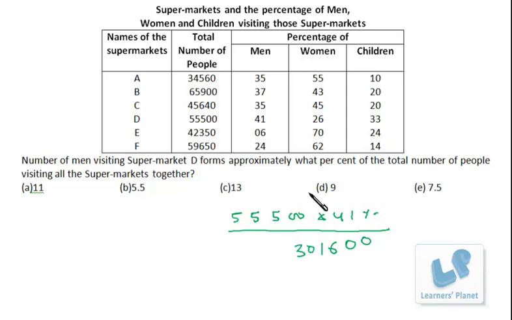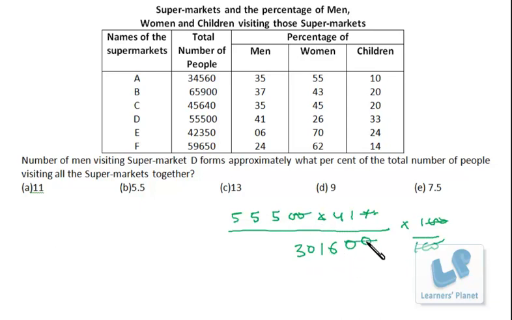Right? So this data is what percentage of this data? So further it is 100. So the percentage sign divided by 100, both of them are cancelled. So what we have to do now is this multiplication divided by this 301600.